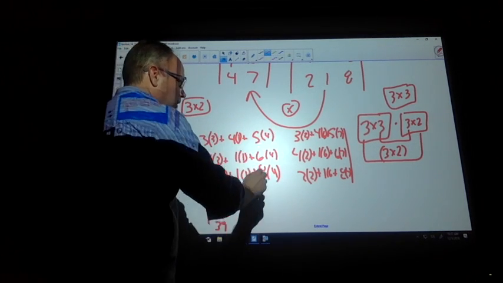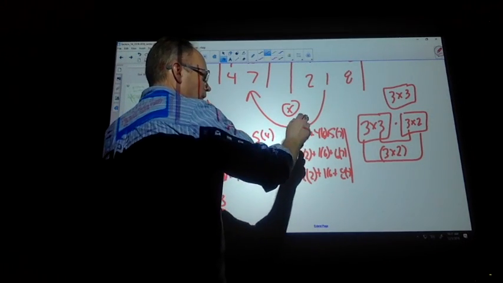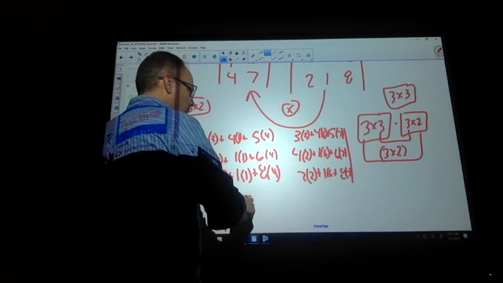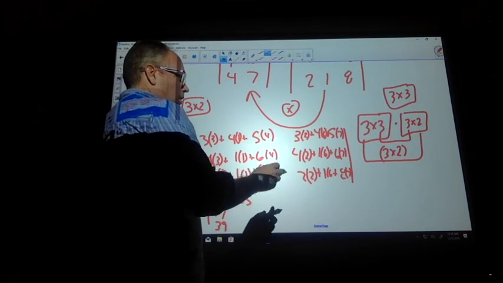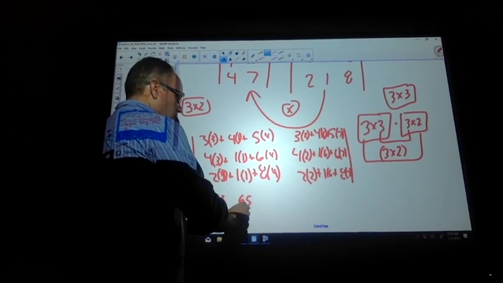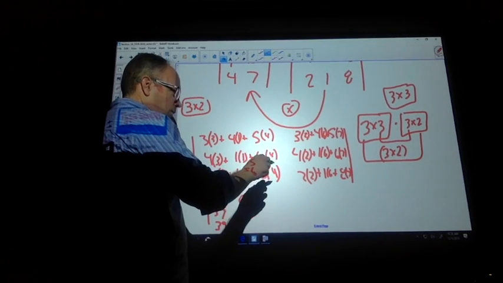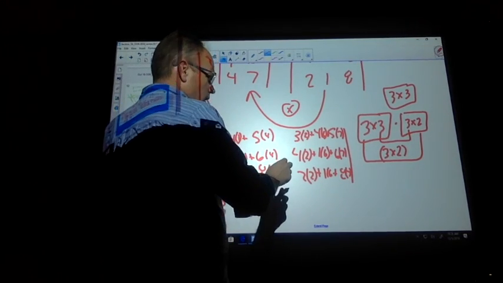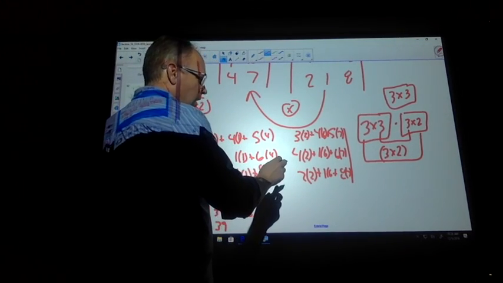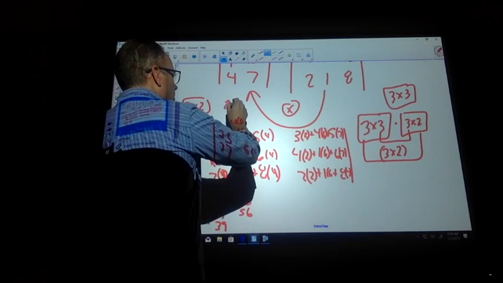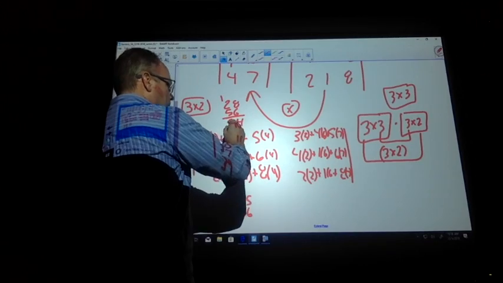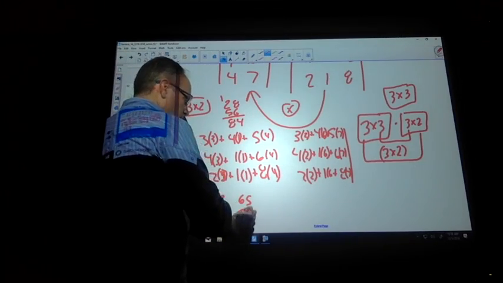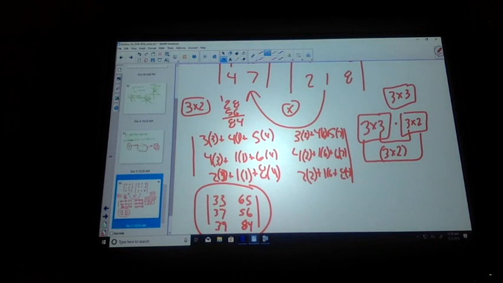And then this one's going to give me 6 and 24, that's 30, plus 30 is 60. And that's 8 plus 6 is 14, plus 42 is 56. And then that's going to give me 24, that's 28. 28 plus 56, can't do it in my head, I'm sorry, I'm limited. So my answer to this problem is this.